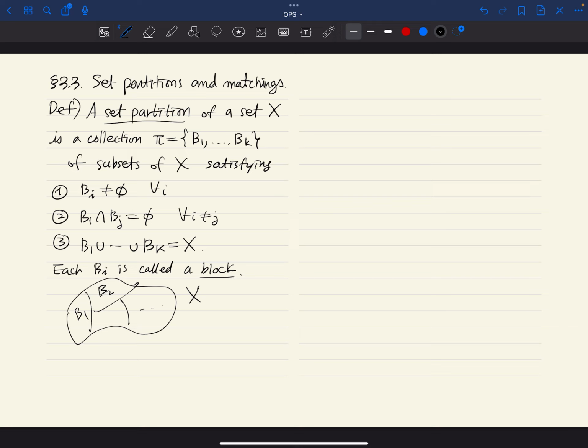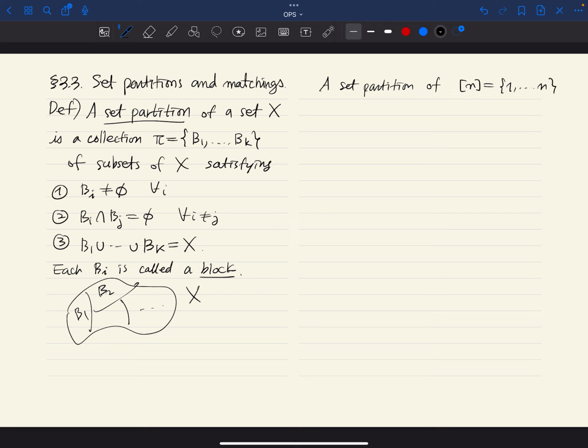And we will be interested in set partitions of [n], right? This is the set of all integers, 1 up to n.